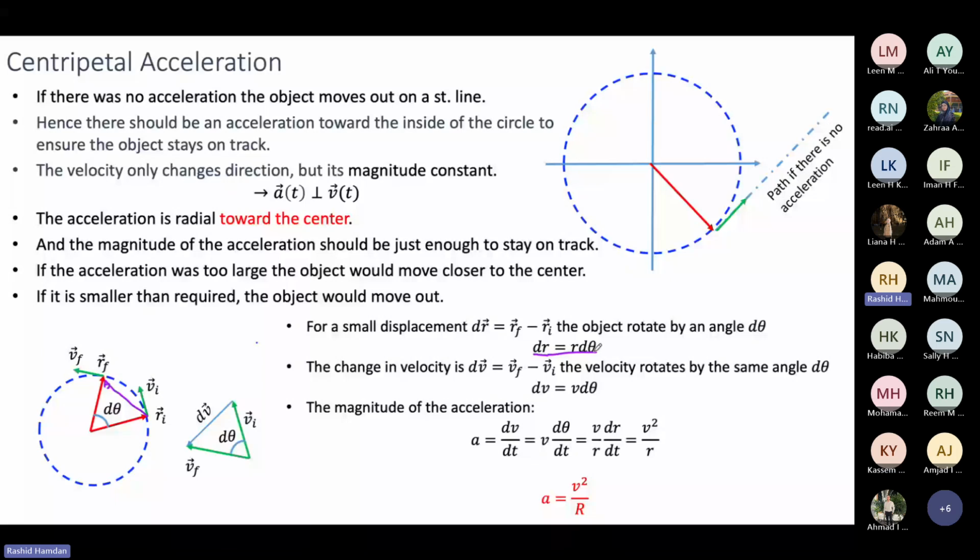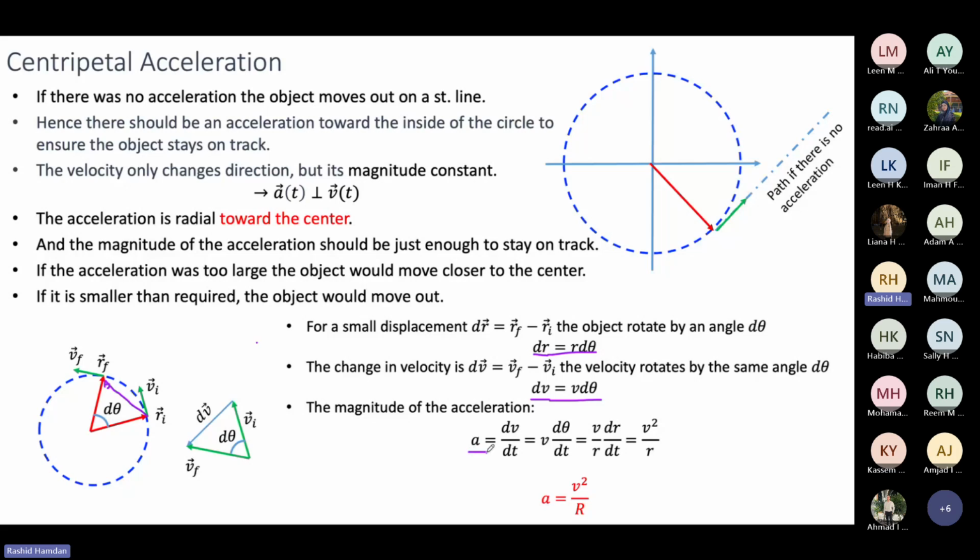The same as here, I'm going dv. So dv, the displacement of dv, is v d theta. It's the same angle. Now, again, this is just a calculation without calculus. If I want to do it correctly, I have to use derivatives and calculus and change the coordinate system to polar coordinates, but it just gives us an idea how to find it.